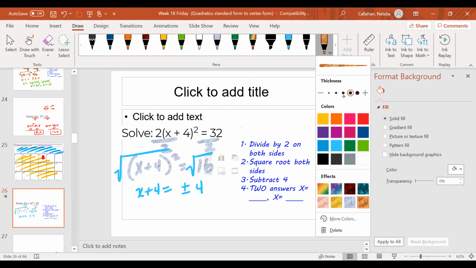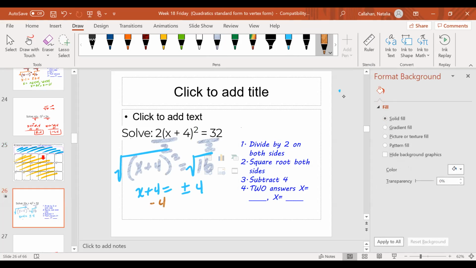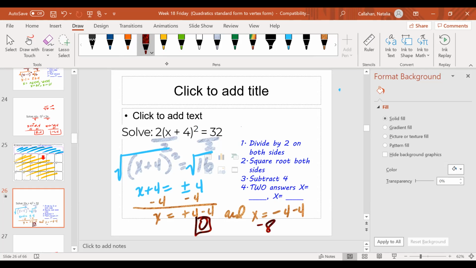Next step, subtract 4 on both sides. So x equals positive 4 minus 4, and x equals negative 4 minus 4. So what are your 2 different answers in this case? Well, 0 is your first one, and then negative 8 is your second one.